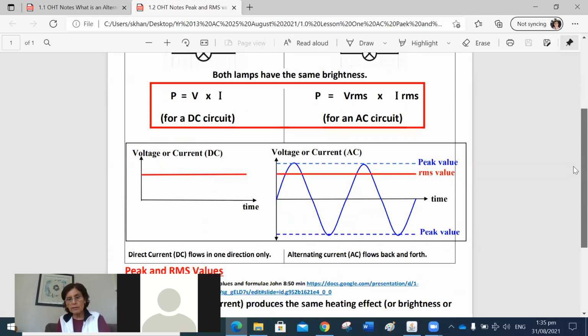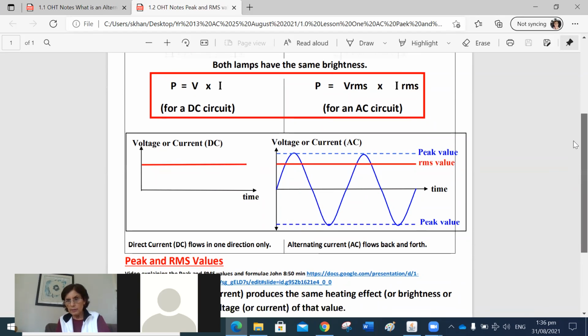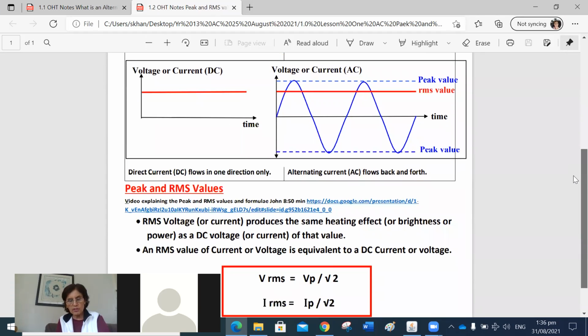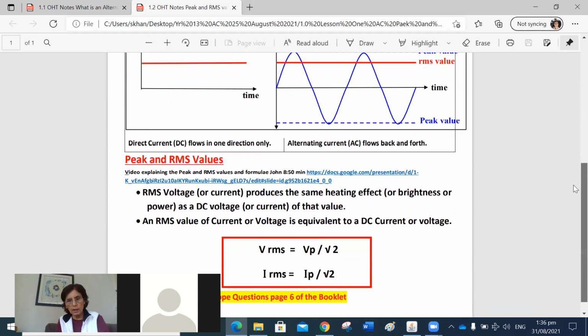Now, how does it relate? The maximum current is this value, or the minimum current is this value. Somewhere over here, we say that's the RMS value, and the RMS value is equivalent to a DC voltage or current. You can look at the relationship in this video.